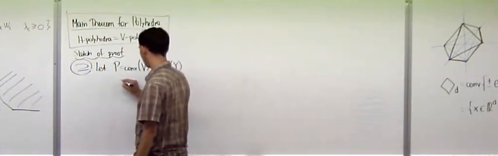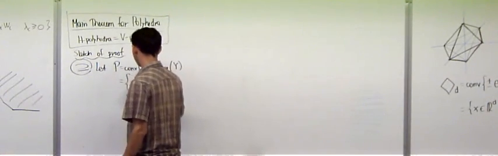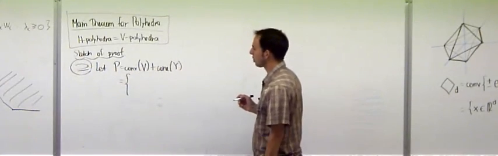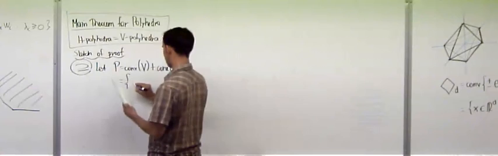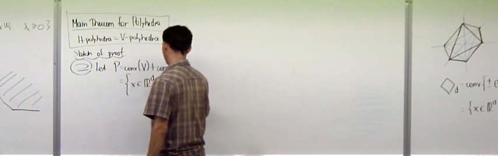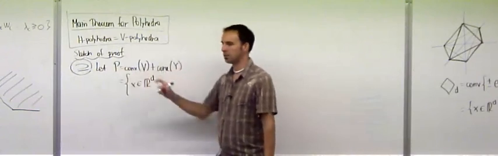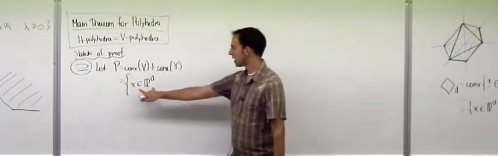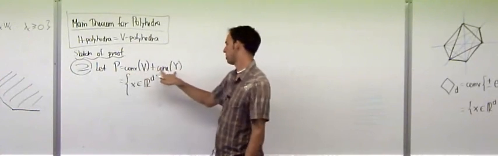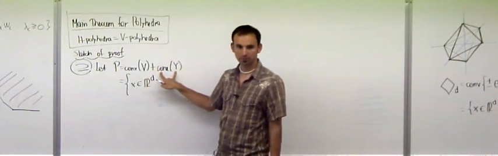So first, let's write out explicitly what this means. Okay. So what are the points that live in P? Well, they are the points such that they can be expressed as something here plus something here, right?